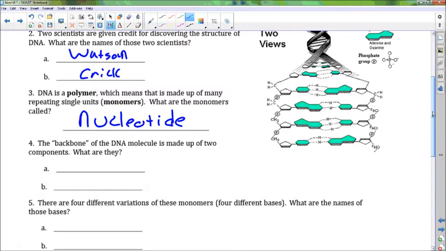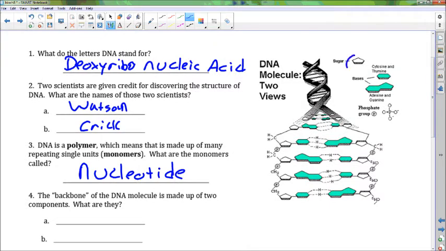The nucleotide is the thing that's made up of, as you see up here, the sugar, the phosphate group, and the nitrogenous base. So the nitrogenous base is just one part of the whole nucleotide. And you can think of it as being the most important part because that's what creates the bridges between the two DNA molecules.